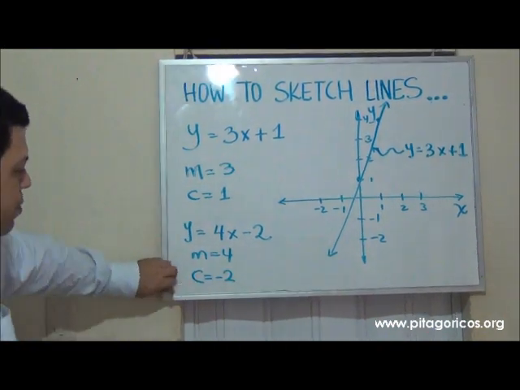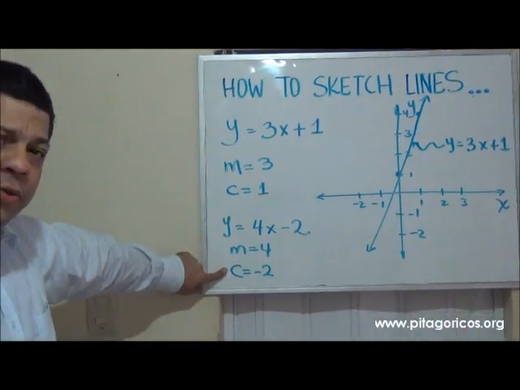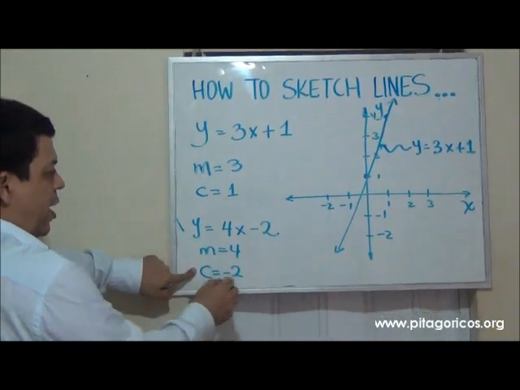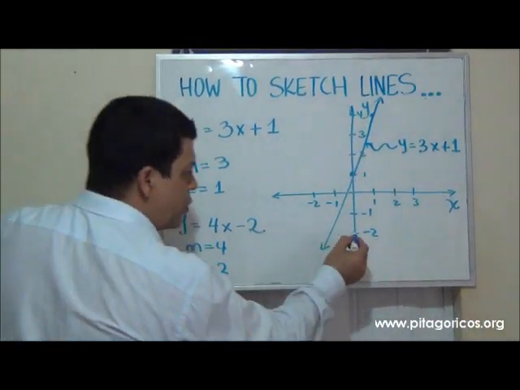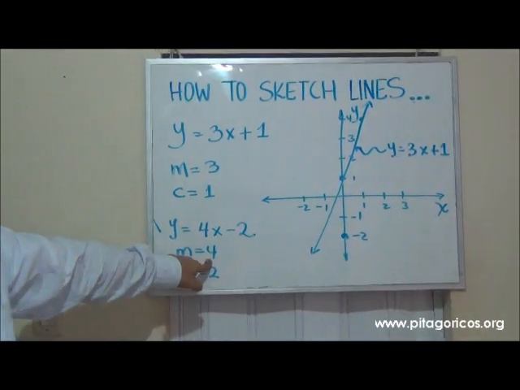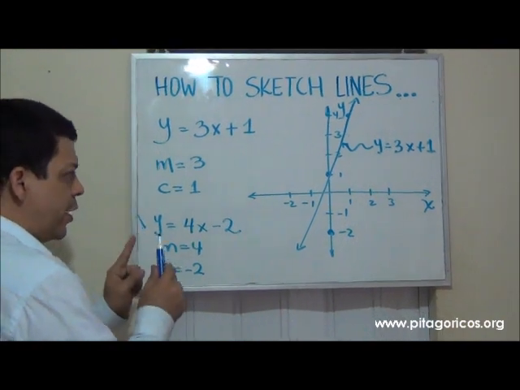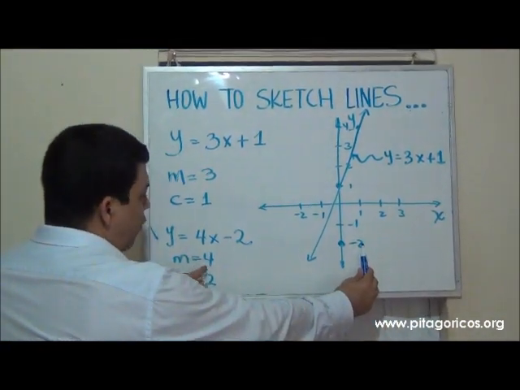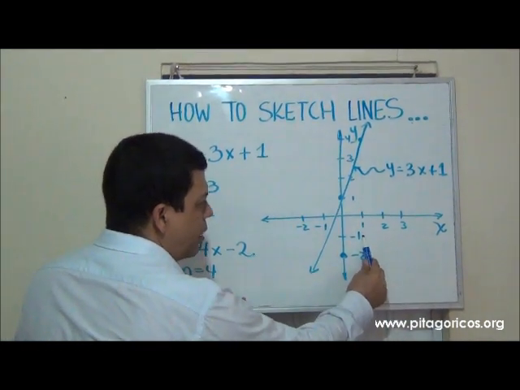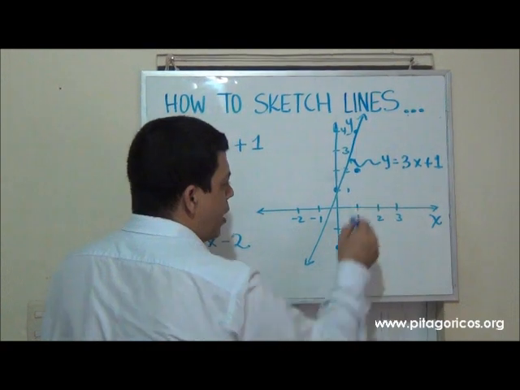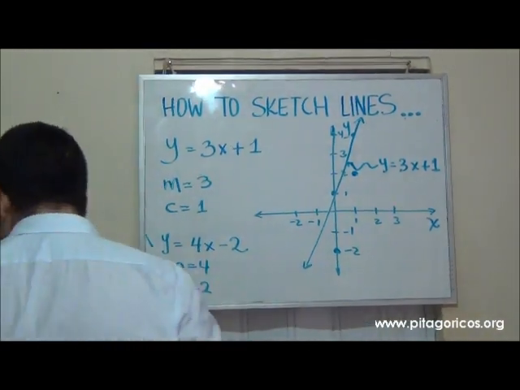I always start with my y-intercept. So that means that for this linear function, the y-intercept is minus 2, so it's going to pass through here. And because the gradient is 4, that means that for every unit in the right direction, I'm going to go up 4 units. 1, 2, 3, and 4. With these 2 points, I can do my straight line.